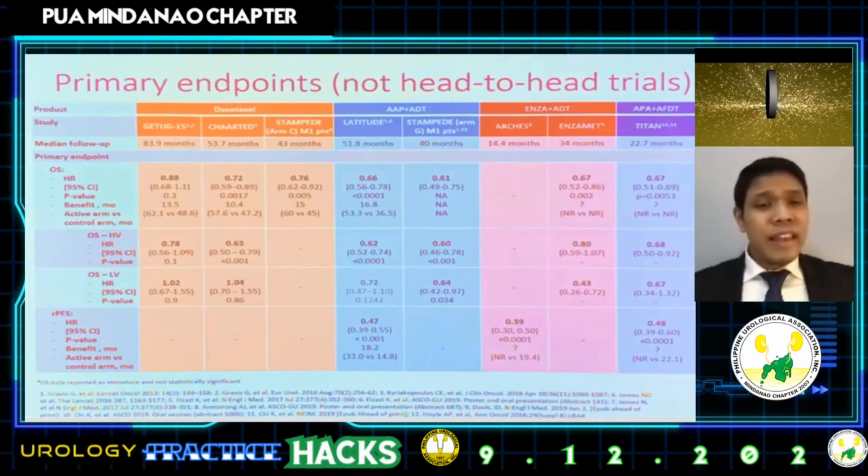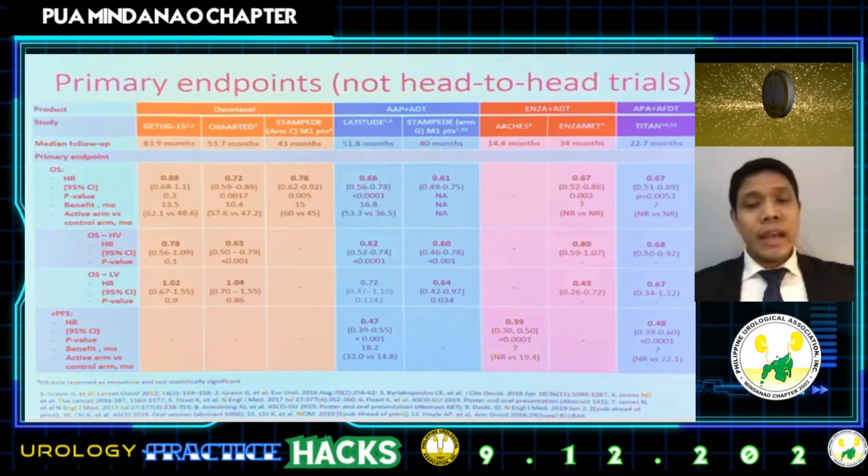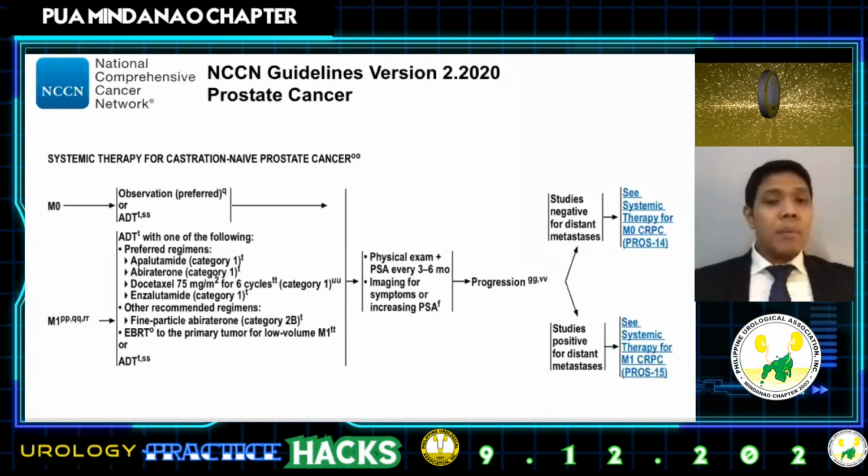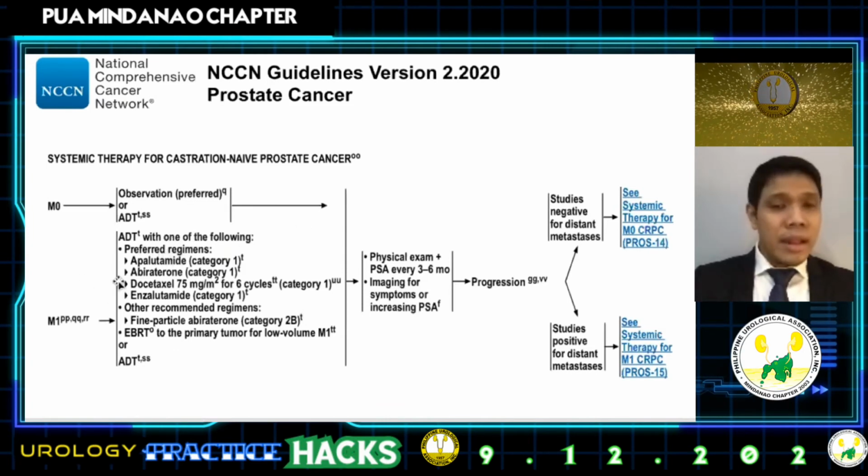Now, all of these agents significantly improve outcomes compared to the standard of care, which is ADT alone, prolonging overall survival among other parameters. That is why this is how the NCCN guidelines would look like in 2020. As you can see, the level 1 or category 1 recommendation would be ADT with an additional agent.